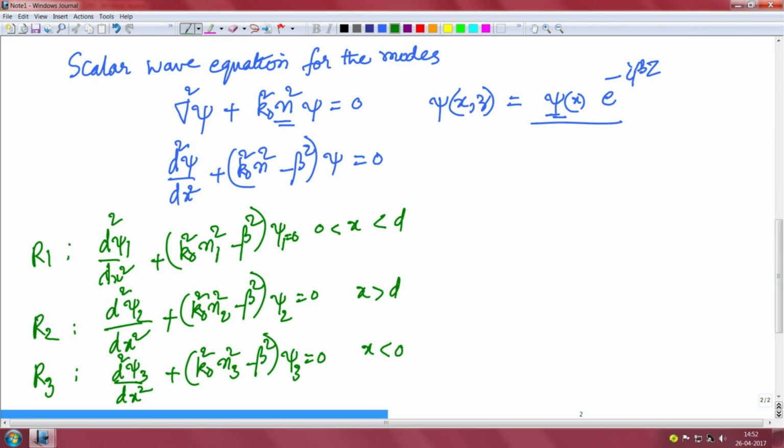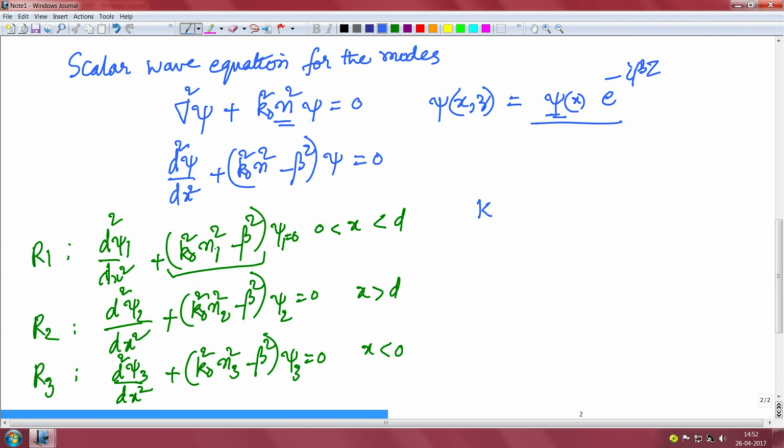So, we can define variables to put it in a simplified form, and we know that the guided mode fields have the form of oscillatory nature in the guiding region, then exponentially decaying regions in the cladding and the cover regions. So, we can define this as a constant k.